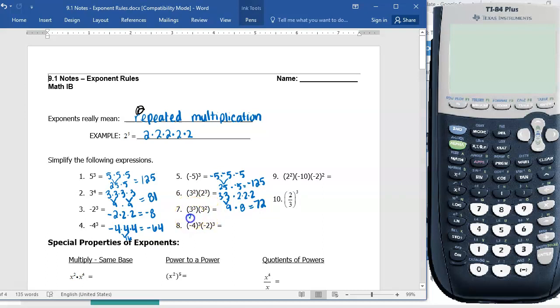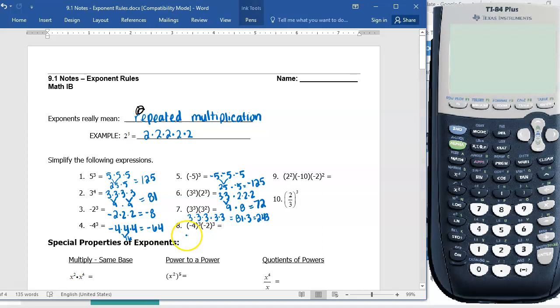We've got 3 times 3 times 3 times 3 times 3. So this would be 3 to the 5th power. Now we already did 3 to the 4th power. It was 81. So 81 times 3 would be, 3 times 8 times 3 is 24. So 243 for that one.